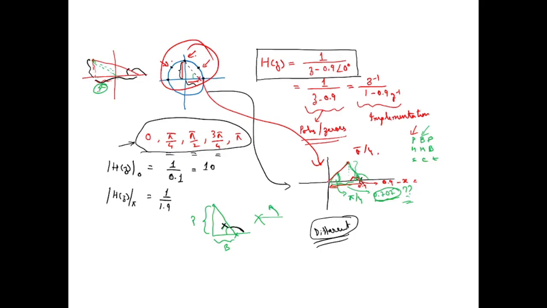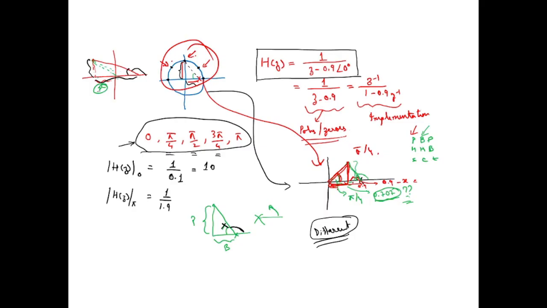This distance is 1. A perpendicular line you will be getting. This angle is pi by 4. So can you find out this distance?